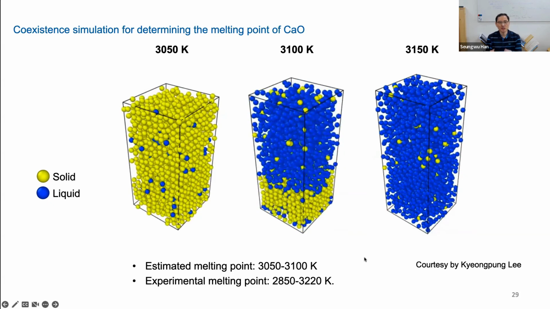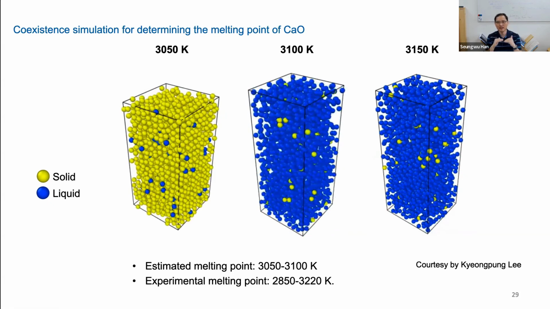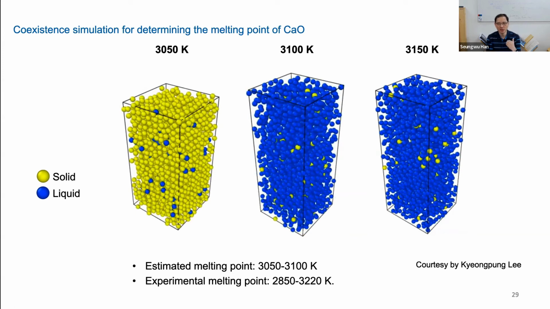Now, in the beginning there's some tug of war, right? But eventually the liquid wins, meaning that this is still above the melting point. Therefore, from this simulation, we can narrow down the melting point within 3050 to 3100 Kelvin.